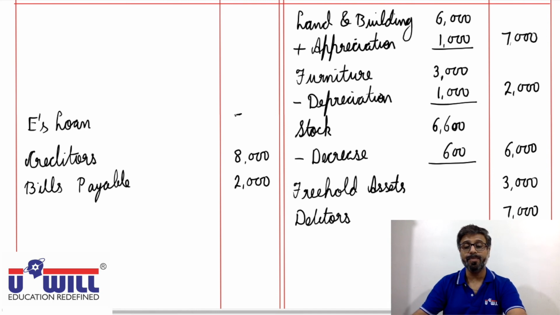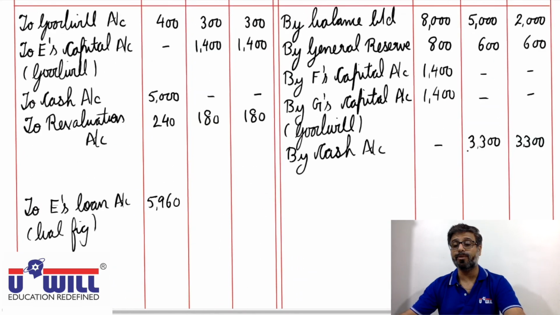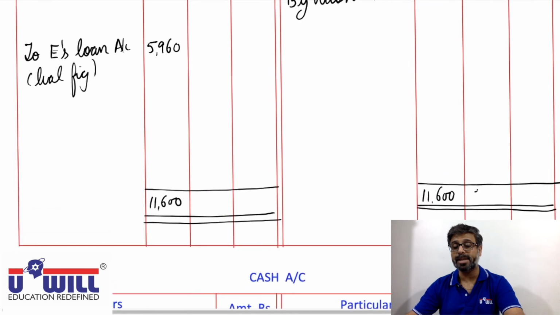Now F and G's remaining balance will come on the liability side. So 8,900 for F credit side total.